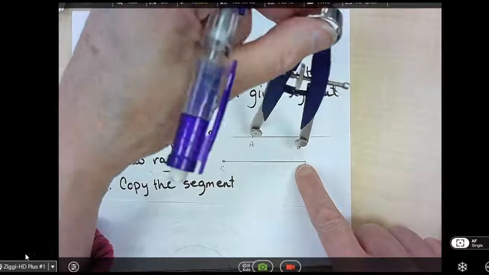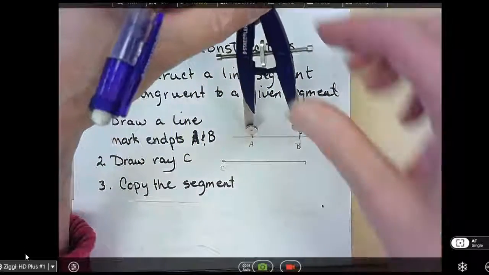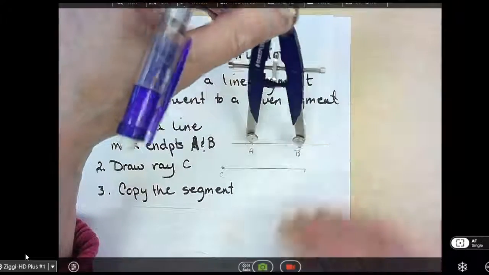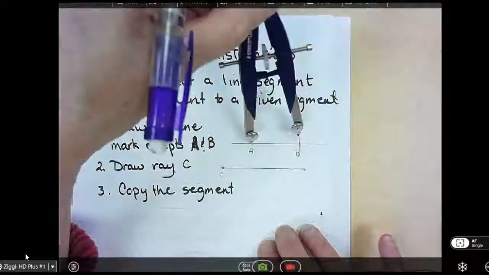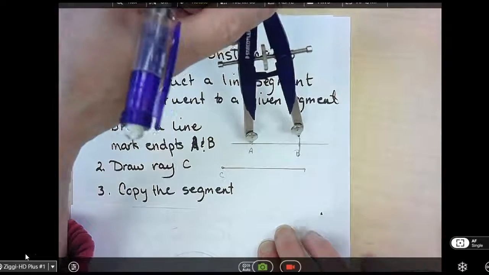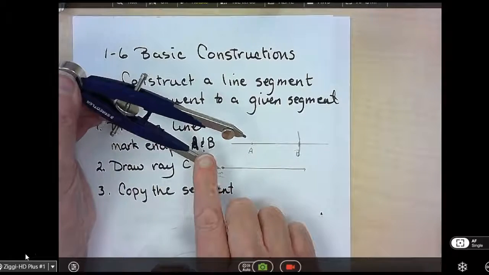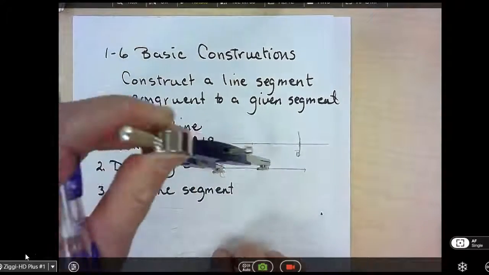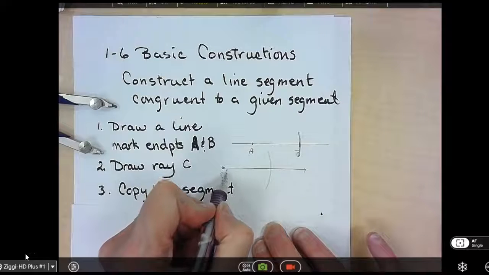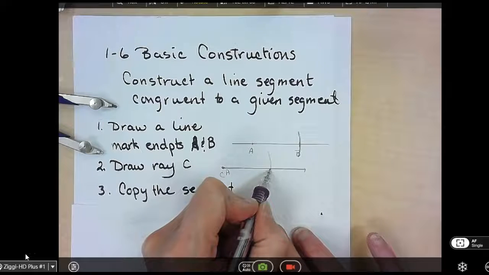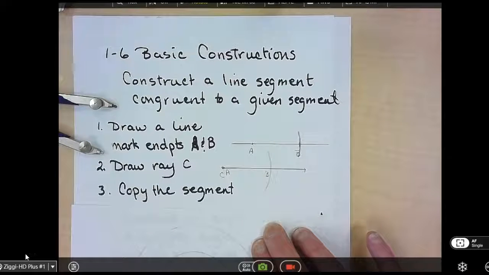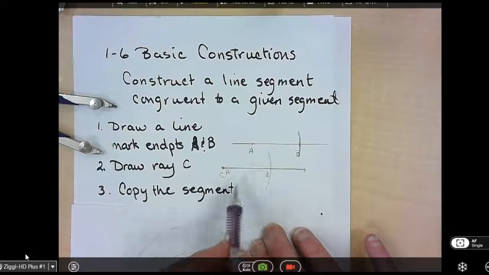I better make that darker for you. Don't intersect right at B, so I have to make it shorter. So now I'm going exactly through point B. So now I go to C, put my point in, scribe my arc, and this is where AB actually intersects, and that is a congruent segment. So I have copied that segment AB.